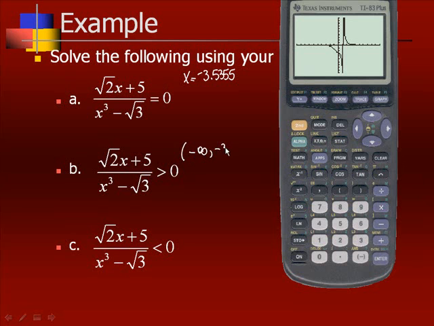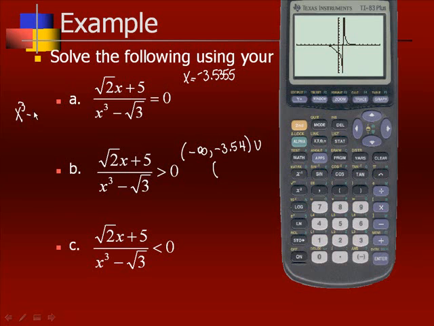So that's from negative infinity to negative 3.54, and it does not include it. Now over here on the other side, it's always above the x-axis. So in that case, it's union with, well, where does this start? What is this vertical asymptote?